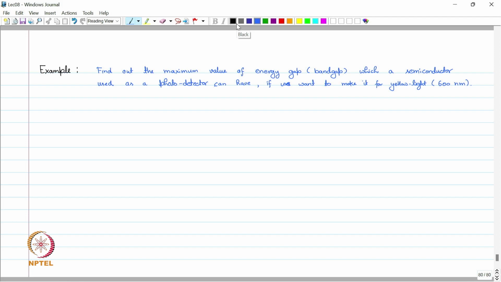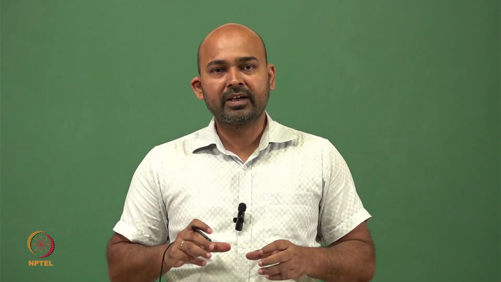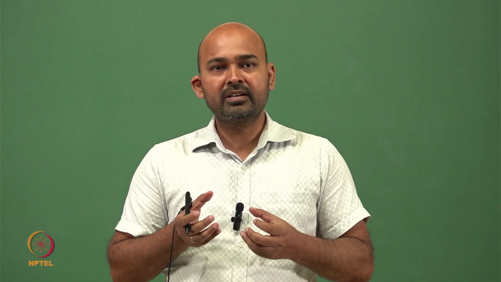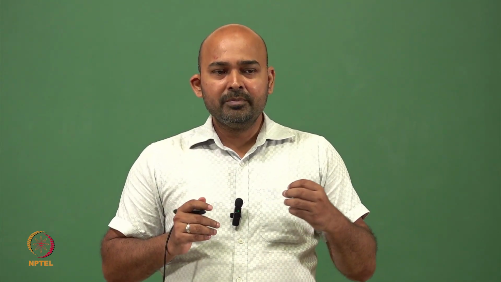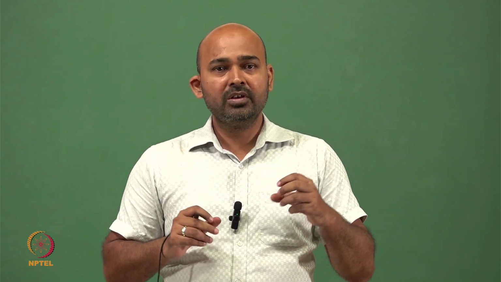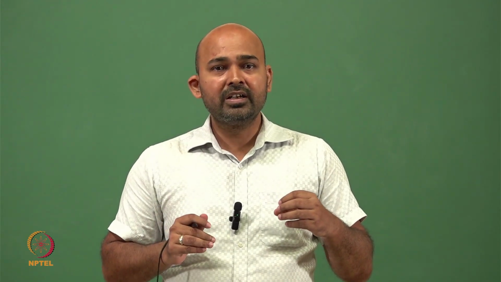So here we want to make a photodetector which is sensitive to yellow light. It means it should detect when the yellow light is coming, and for the yellow light its universal value is a lambda of 600 nanometer. So when yellow light comes, the photons the yellow light carries have a certain energy which is equivalent to the 600 nanometer wavelength.